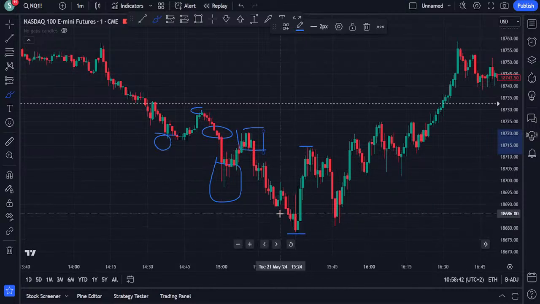Now, look. As I said previously, the low, or this red low, these two, one of each color, the boxes, right? Like this. Lock in something here, entering here for short, targeting the low.